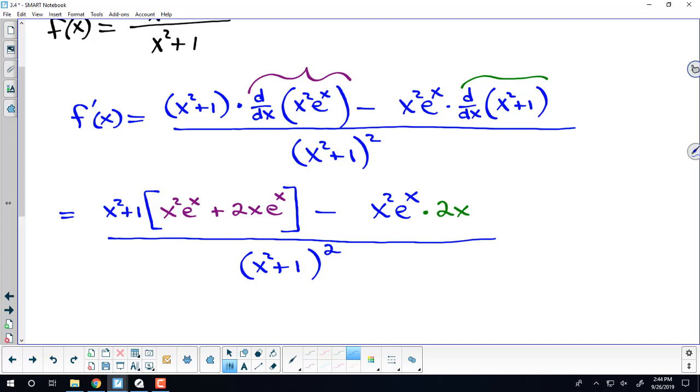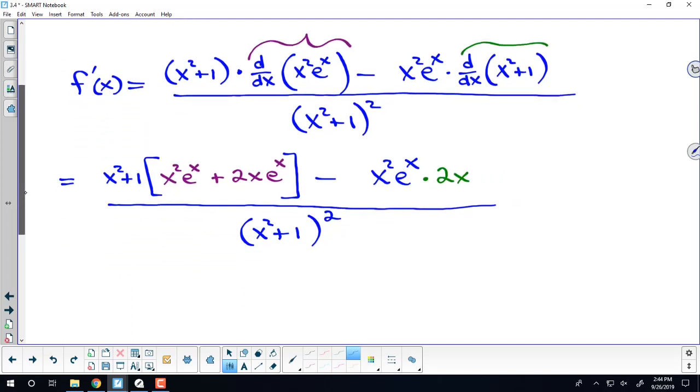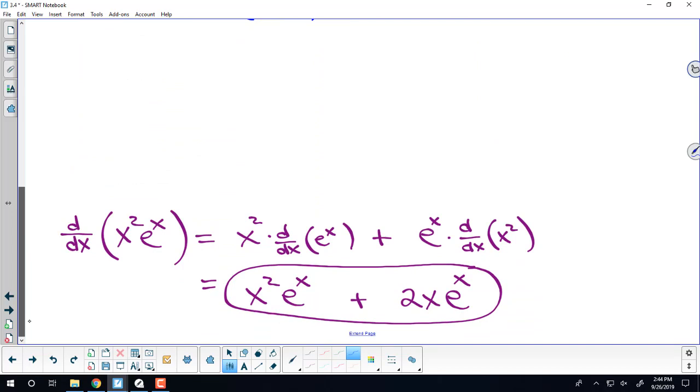Can you elaborate on the derivative of x squared e to the x? Yeah, so that came up as the bottom times the derivative of the top. We wrote that out explicitly because now we know that the derivative is not done. I still have to compute this derivative and that derivative over there. So we took this derivative off to the side and said, what is that derivative? That piece of our function is a function of x times another function of x.